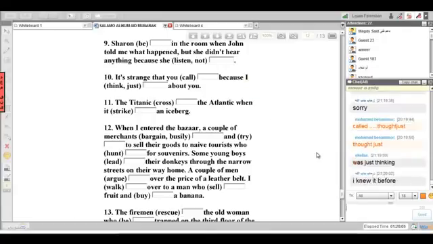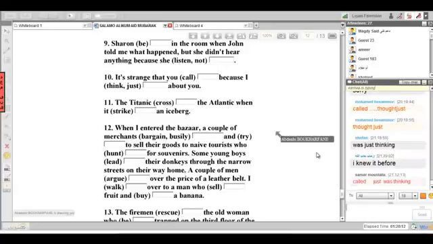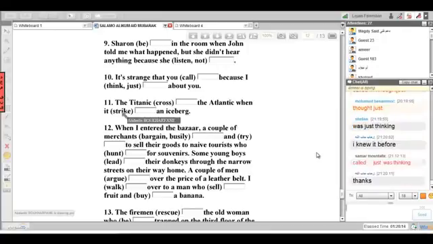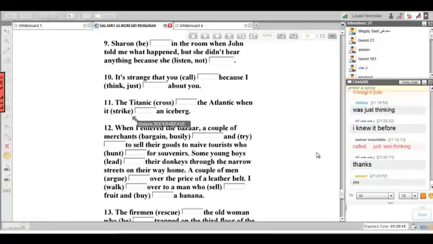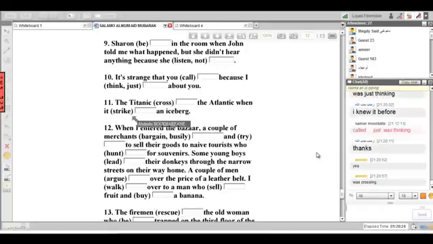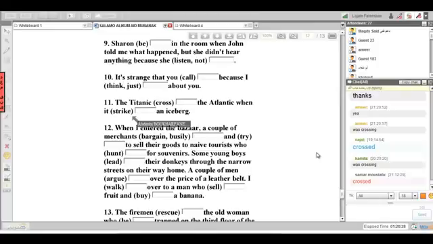And tried to sell their goods to naive tourists who had. Okay, they were bargaining. They were trying. Yes, Rihab Jaballah. They were trying. Shifa, you've missed a Y. Yes, trying.